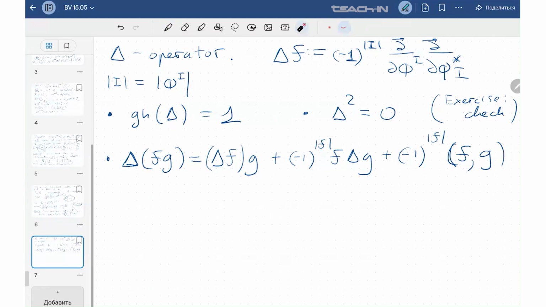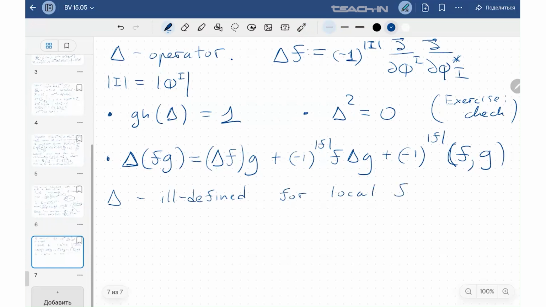So the anti-bracket is determined by delta, and somehow delta is a more fundamental object. Unfortunately, there is one issue I have to warn you about: delta is usually ill-defined. It can and must be defined, but in a naive way it's ill-defined for local functionals in field theory. So our considerations now are a little bit formal.